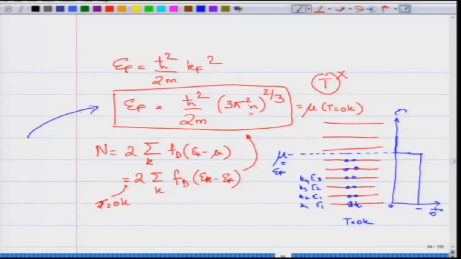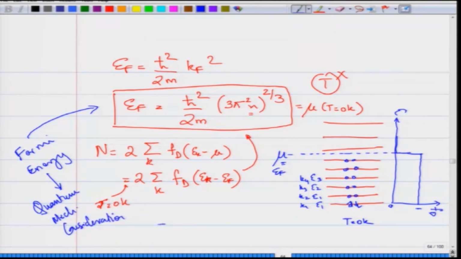So this is the concept of a Fermi energy, which clearly comes out because of quantum mechanical considerations. Essentially, Pauli's exclusion principle.